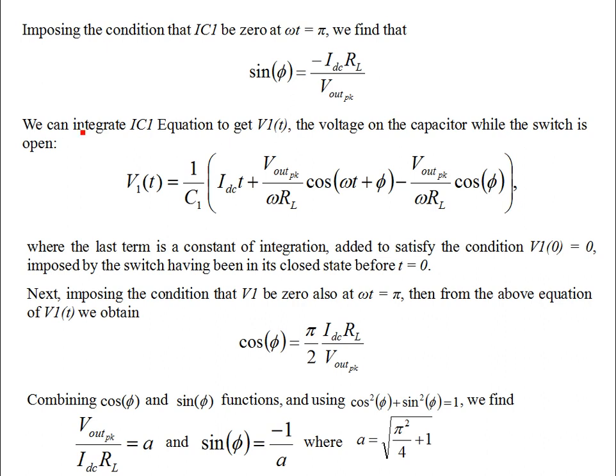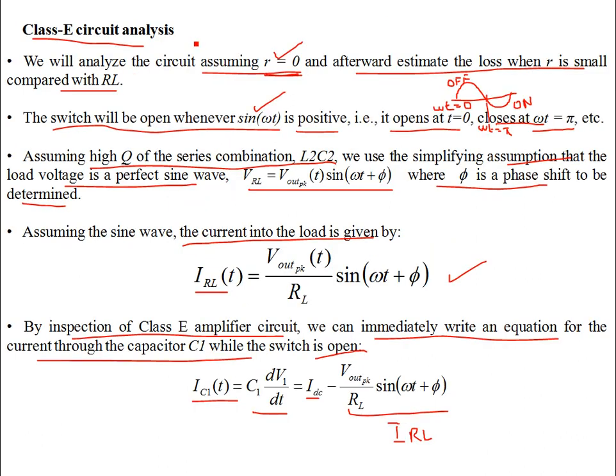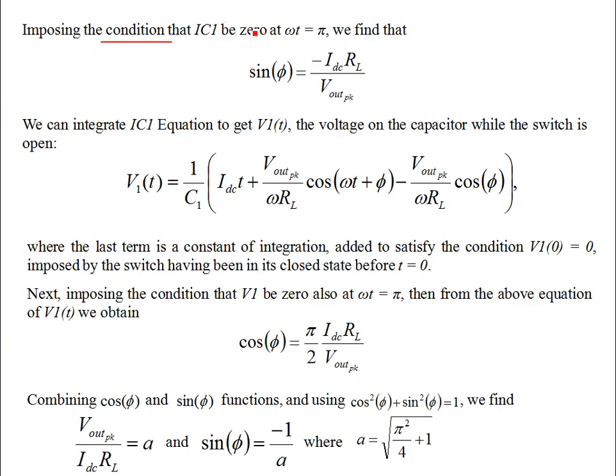Since we are switching the transistor on and off, at omega t equal to 0 the switch is open, so the transistor is off, and then the switch closes after omega t equal to pi, and the switch is on. So we impose the condition that IC1 is 0 at omega t equal to pi.